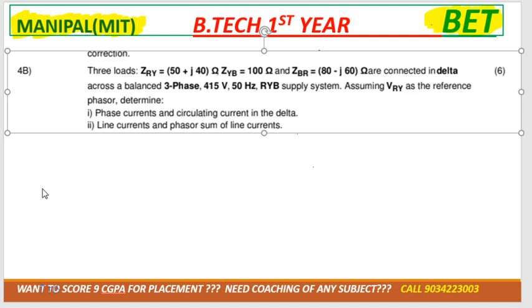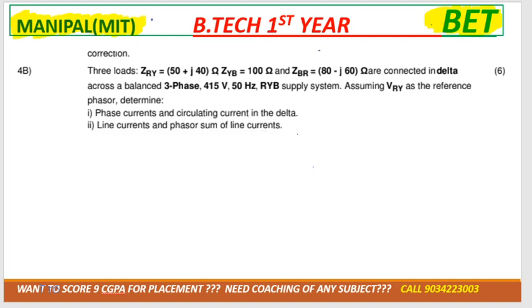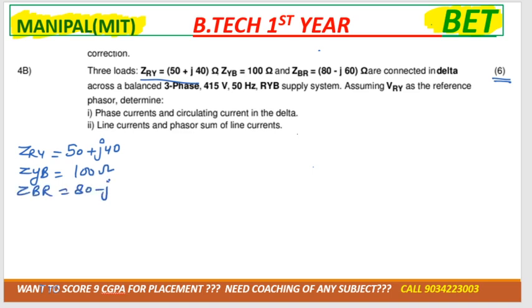See, now this is unbalanced, and generally unbalanced comes for 6 marks in B. Okay, so they have mentioned ZRY is equal to 50 plus J40, ZYB is equal to 100 ohm, and ZBR is equal to 80 minus J60, and VL is equal to VPH, that is equal to 415. But in case of unbalanced, we have to consider angle also.